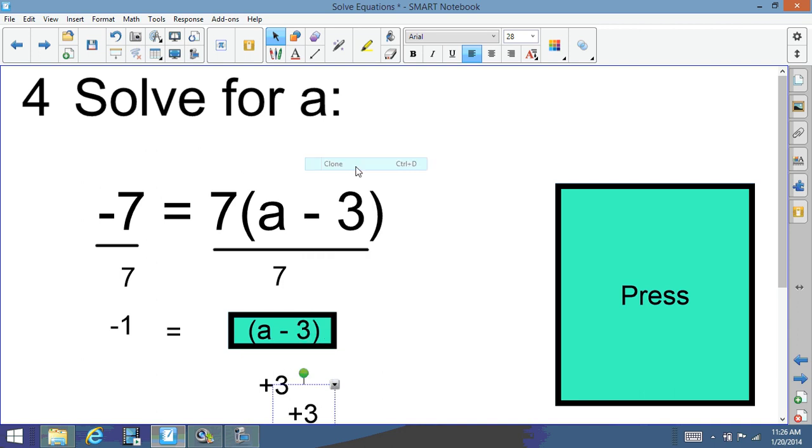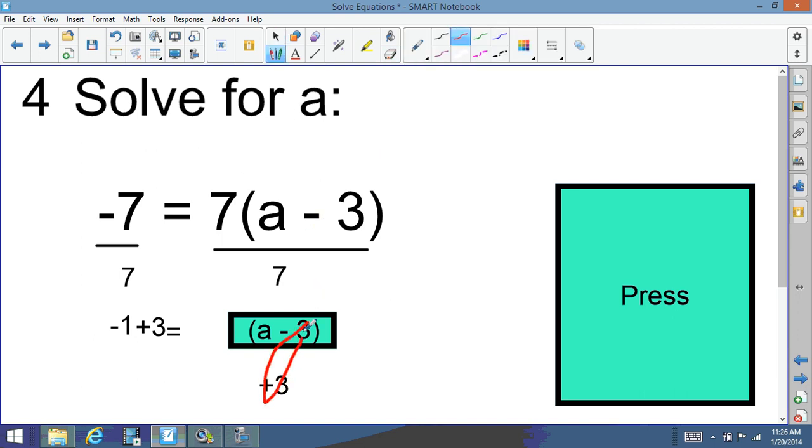Let's clone that. My 3's will cancel out. And I'll have my A on one side.